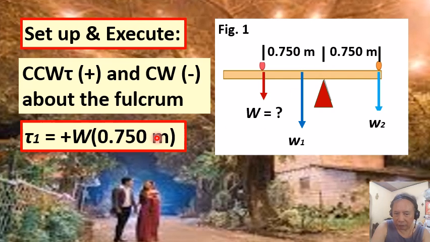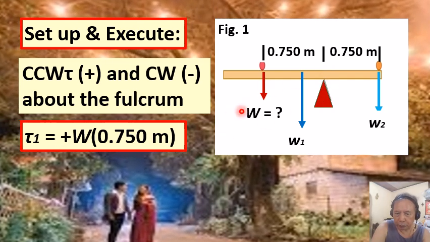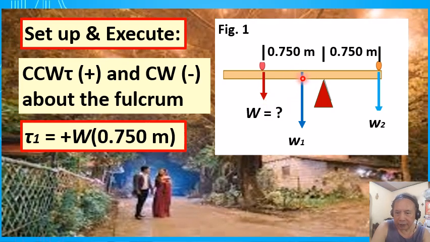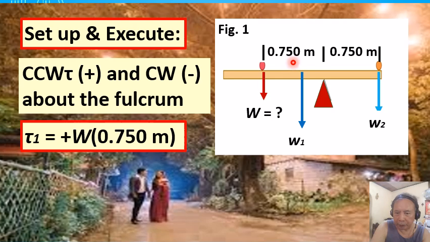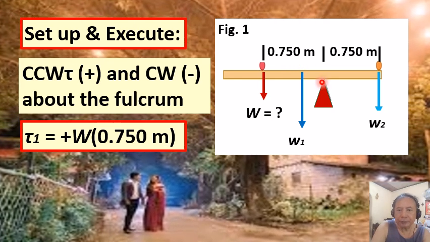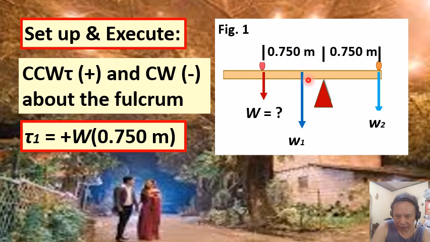And in the case of torque number 1, the torque produced by the unknown weight W, the lever arm is equal to 0.750 meters, or 75.0 centimeters.